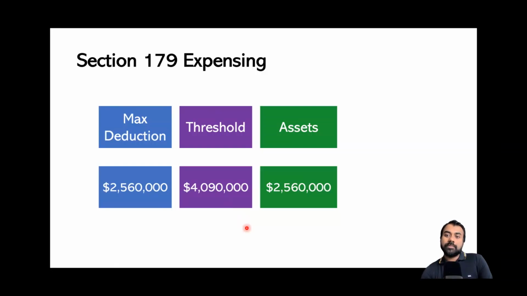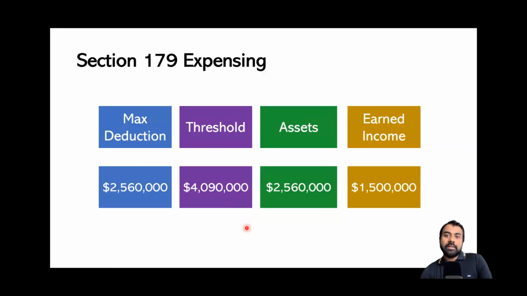So far, so good. But let's pretend that their earned income from the business was 1.5 million. In this case, this person will not be able to deduct the maximum 2.56 million. Rather, they will have to deduct an amount equal to their earned income. So that's another thing that we have to remember.